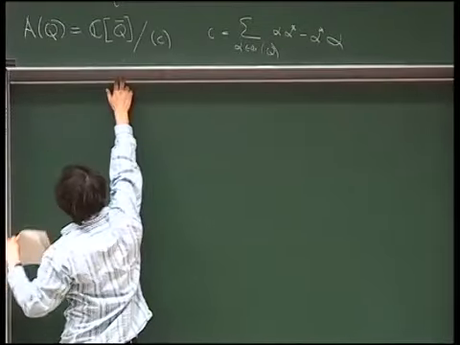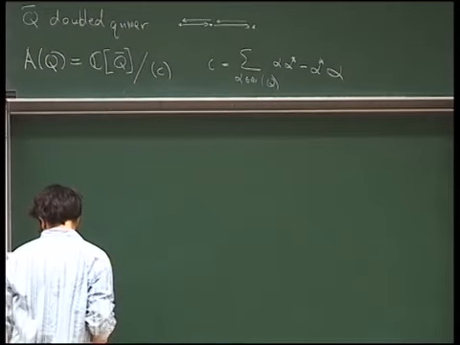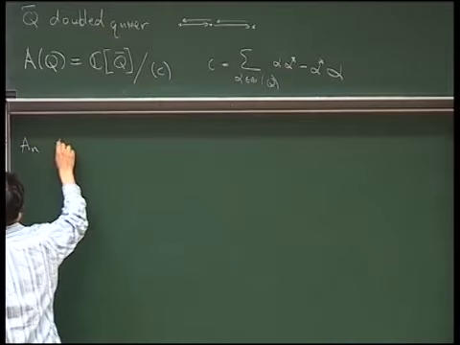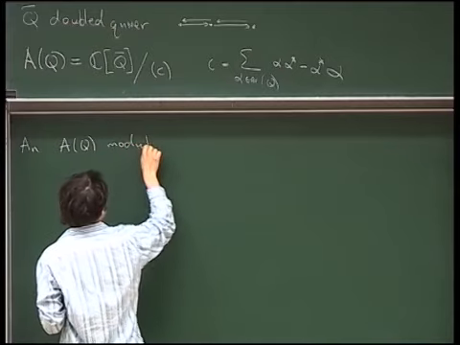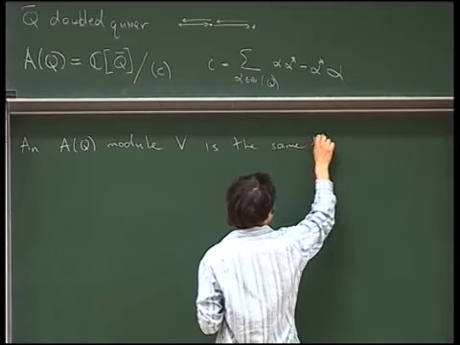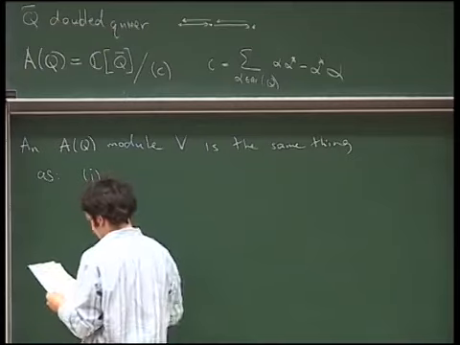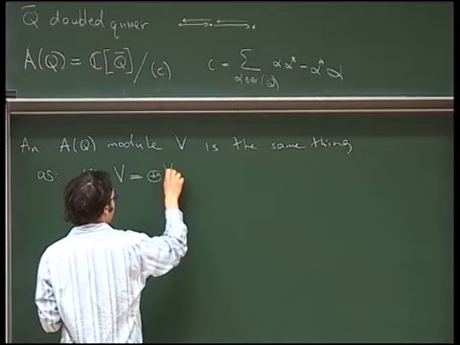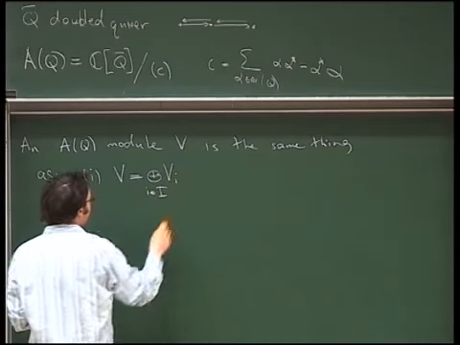To make it less mysterious, we're going to be studying modules for this preprojective algebra. So let me explain how to think of a module for a preprojective algebra. An A(Q) module V is the same thing as the following two pieces of data: a direct sum decomposition of V into vector spaces V_i labeled by i.